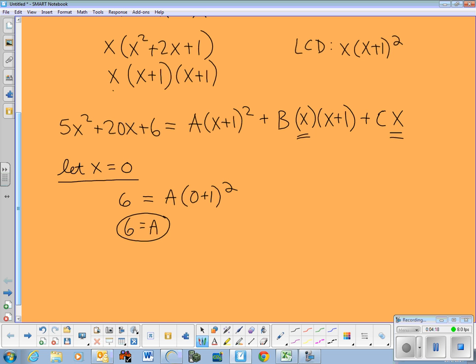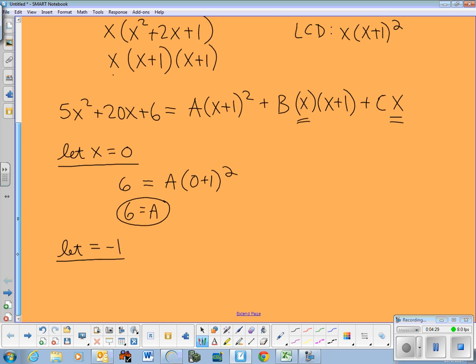Now think about other convenient x values that are going to wipe out stuff. How about -1? See if you can see why I chose -1. On the left, 5 times (-1) squared is 5, minus 20 plus 6. So my left is going to be -9.